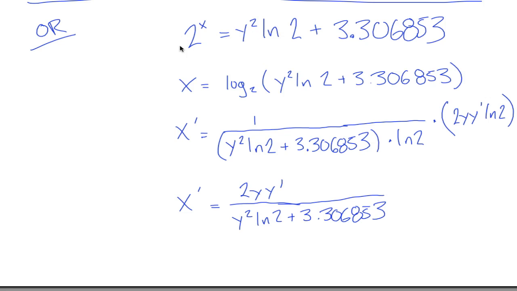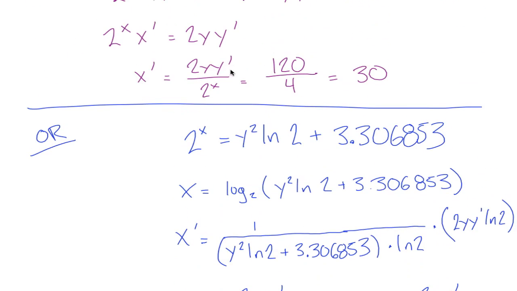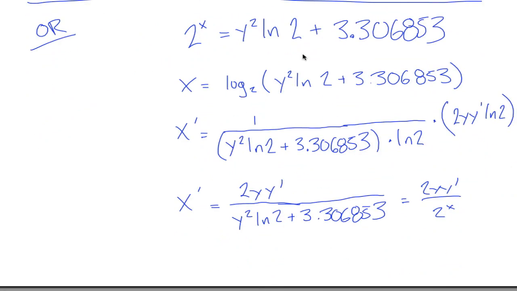Earlier in the problem, I said that that's equal to 2 to the x power. I could go back and substitute, get rid of all this mess on the bottom, and write 2 to the x. I could say that my answer is 2y y prime over 2 to the x, and 2y y prime over 2 to the x is exactly what we got here. So we substitute in, we get 120 over 4 and say that that's equal to 30.